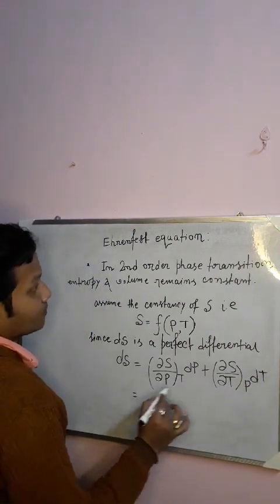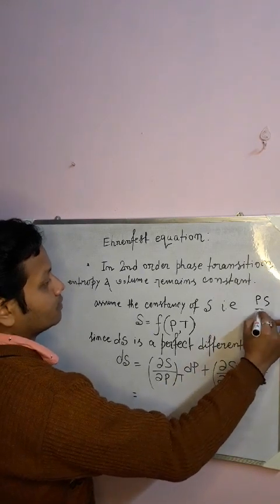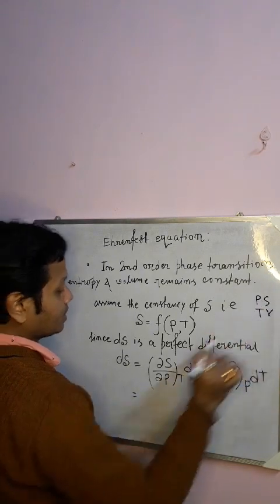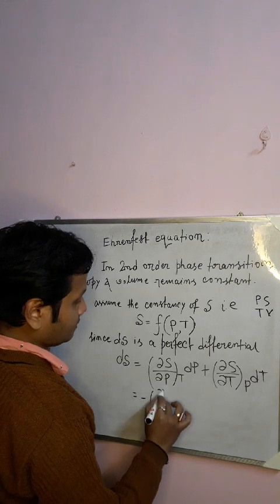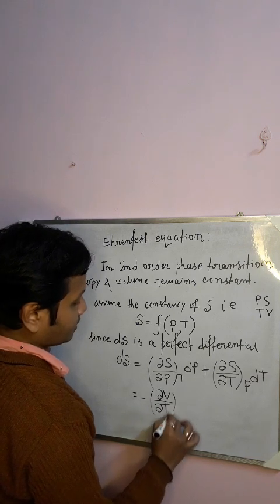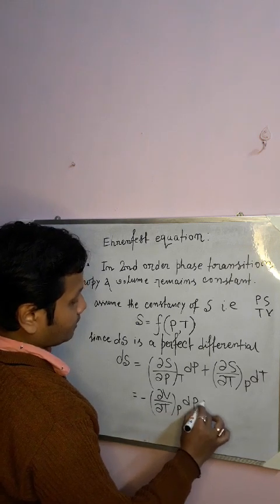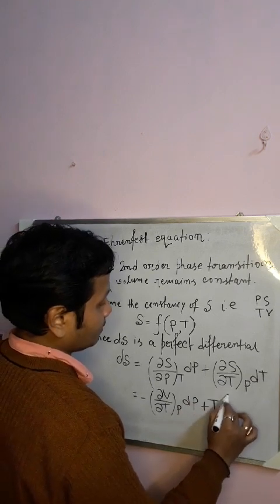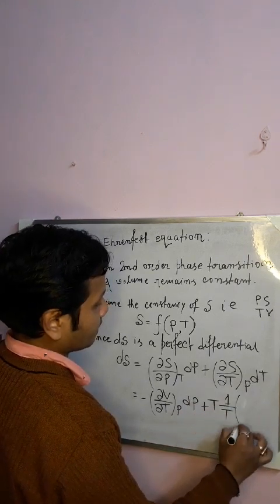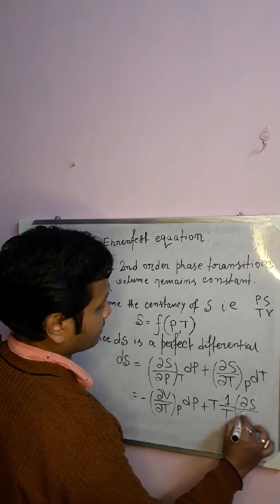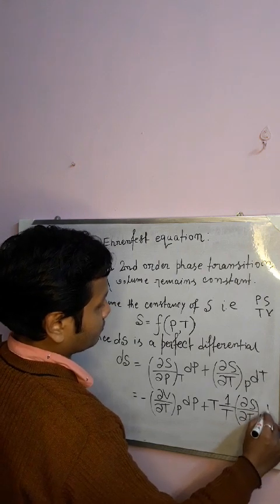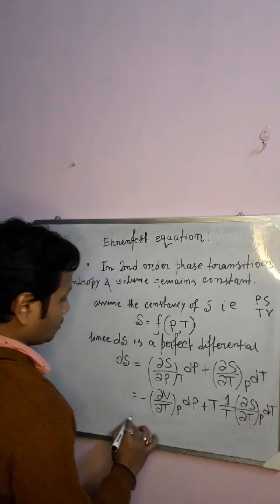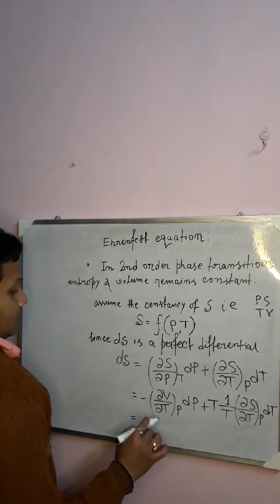Okay, so from Maxwell's relation, we can write del S del P at constant temperature equals minus del V del T at constant pressure, and this second term is simply T multiplied by 1 by T, so we can write del S del T at constant pressure dT.